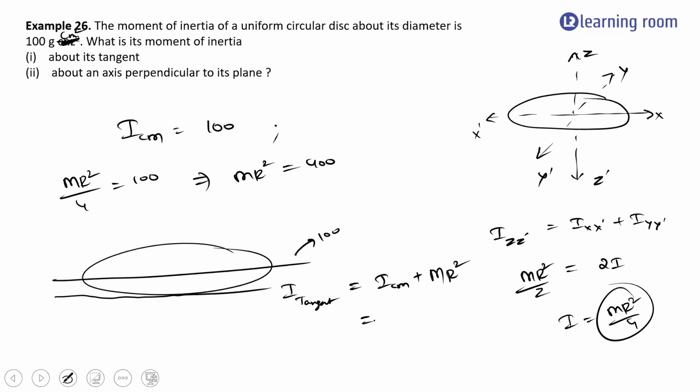I CM is 100, MR square is 400. How much is the answer? 500 gram centimeter square.